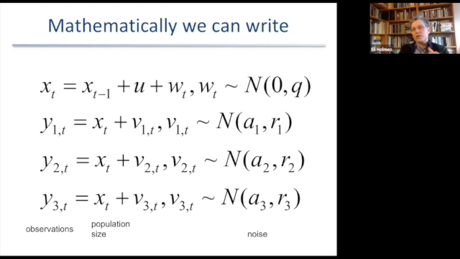And I'm thinking of this as like I'm sampling about a fifth of the population. So that's why this might be non-zero, kind of biased relative to this. My second one, same thing. It's measuring the same underlying state, but it has different errors because it's a different sample. And then this one is the same thing.